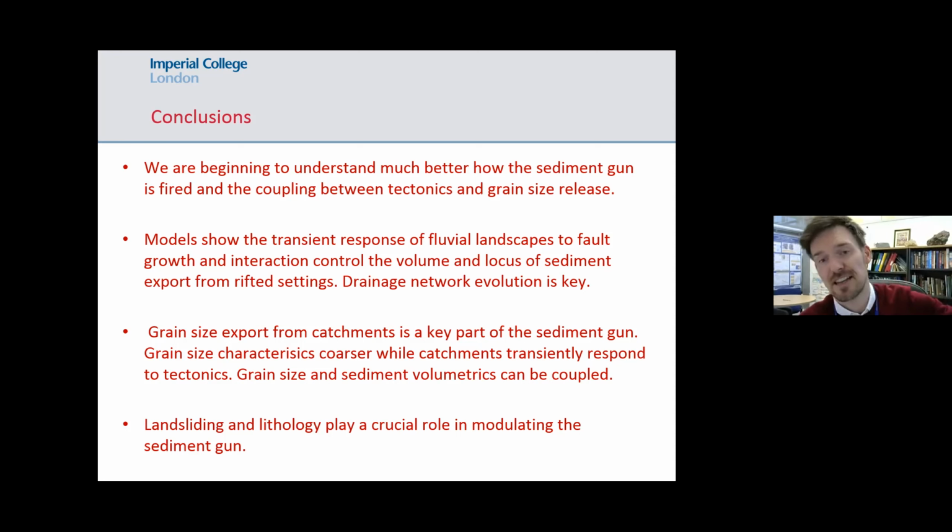Lithologically, if you've got, say, gneisses, which are hard, so the nick point propagation rate is slow, but the sediment that's supplied is coarse, then you can end up in this world where the faults speed up, it takes a long time for the landscape to respond, but the sediment that is coming is very coarse, and then you get a very distinctive stratigraphic signature. Okay.